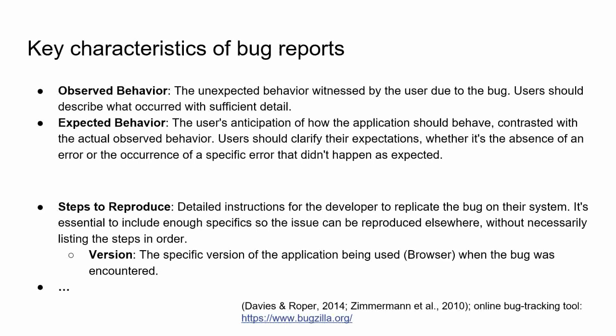Now, what are key characteristics of bug reports? How would you now report a bug you have found in the developed tools? For example, you would send the developer team a description of the observed behavior where you precisely describe what has happened and how this deviates from the expected behavior.